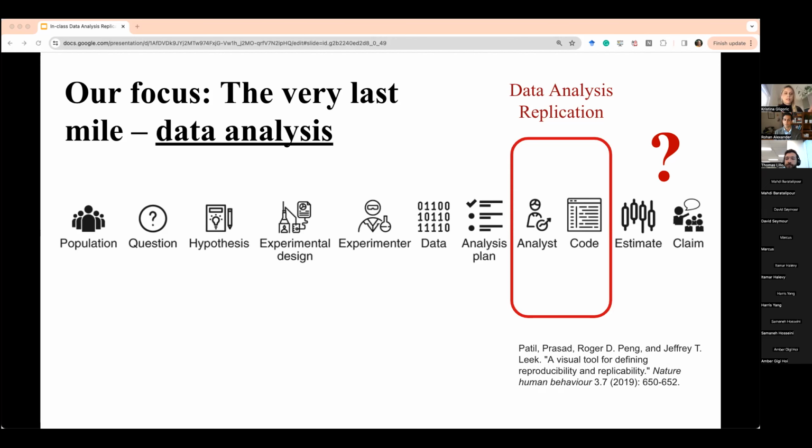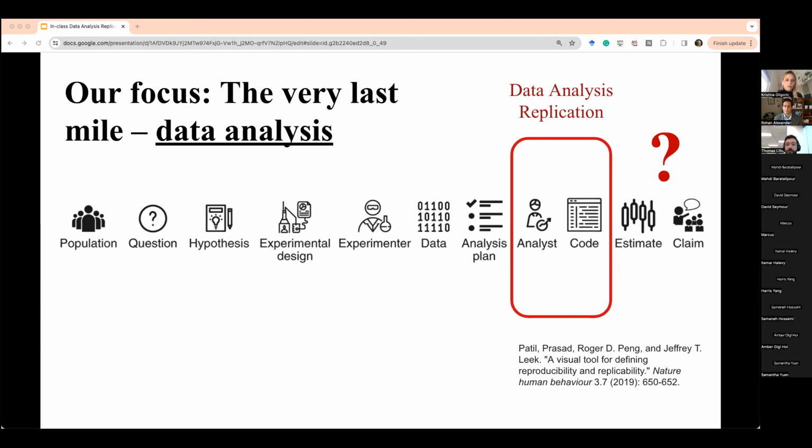So it's the same population, same questions, same data, and following the same analysis plan. It's very interesting because this is a minimal replication. We're not trying to collect the same data again. It's just using already existing data with a different code, but even this can go wrong. So there are replication challenges even here.